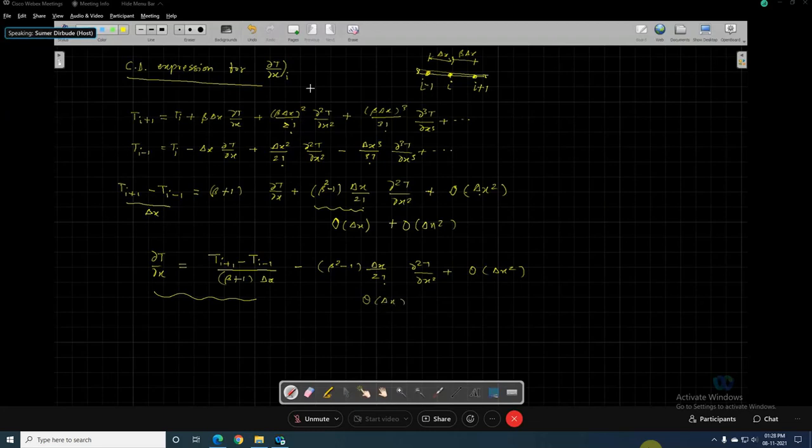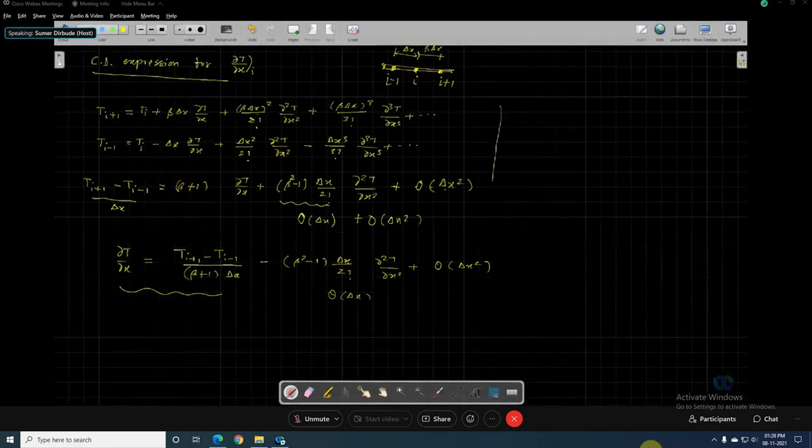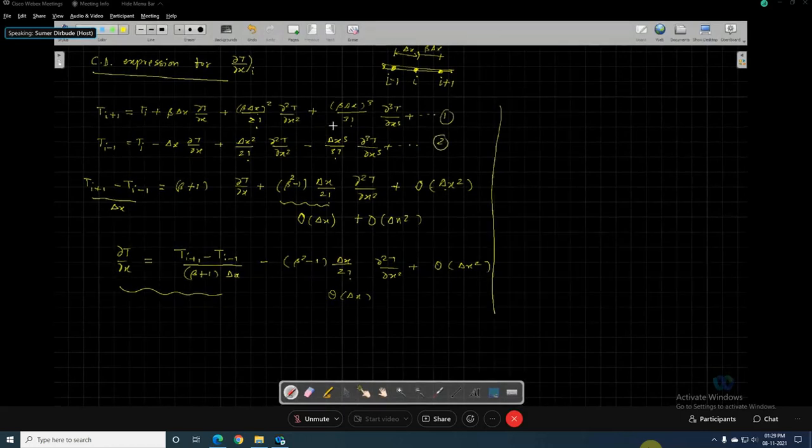Okay. So now, another expression: I want to get rid of this delta x. I want delta x square, and without taking beta equal to 1, I just want to have a beta there. But I also want order of error accuracy delta x square. So what I'll do? We can play with these equations, equation number 1 and equation number 2, in such a way that we get rid of this del 2t del x square term.